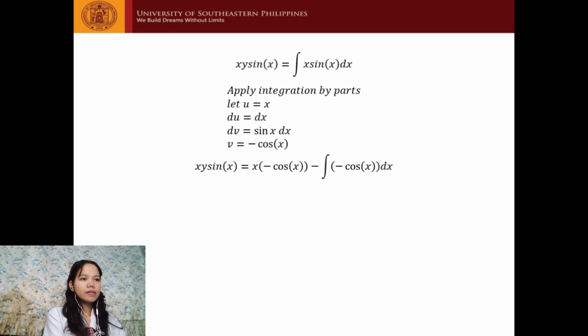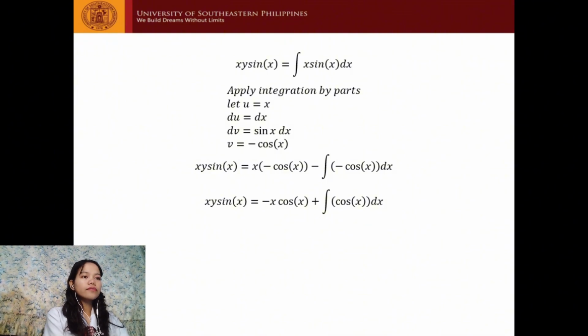As you can see here, we can simplify the negative multiplied to negative to be equal to positive, and negative multiplied to positive to be equal to negative. So what we have right now is that y multiplied to x sine of x equals to negative x multiplied to the cosine of x plus the integral of cosine of x dx.